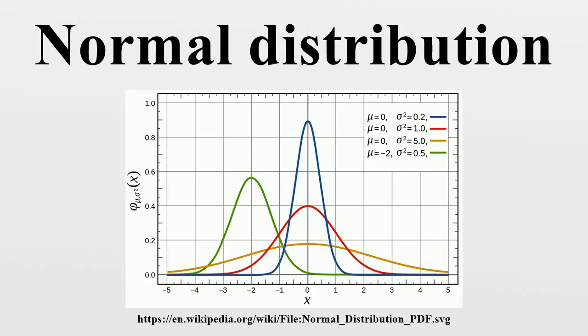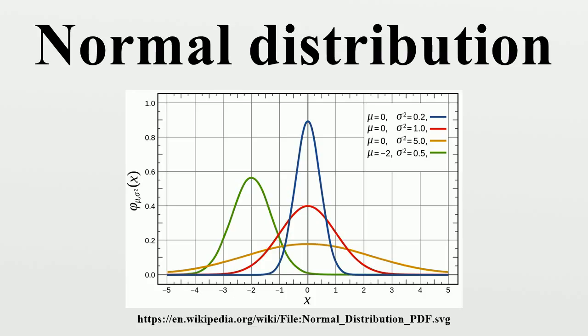In particular, if X and Y are independent normal deviates with zero mean and variance sigma squared, then X plus Y and X minus Y are also independent and normally distributed with zero mean and variance 2 sigma squared. This is a special case of the polarization identity.